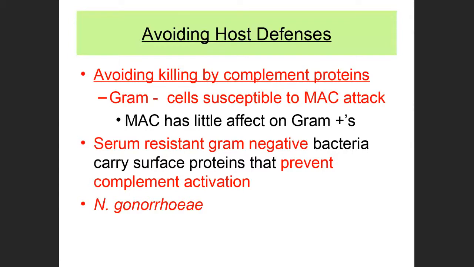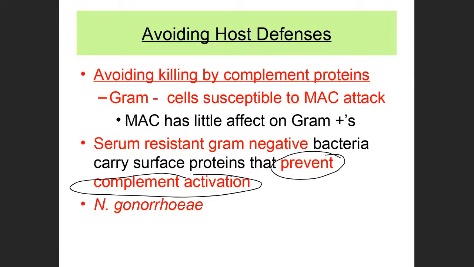Another strategy would be, if it cannot hide and is susceptible to complement, then it needs to override complement. So one of the things could be that the organism prevents complement activation. These we see in many of the gram-negatives, which are more susceptible to membrane attack complexes of complement.